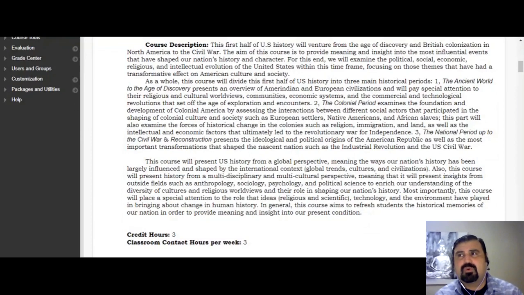First and foremost, this is the first half of U.S. history. The first half of U.S. history is going to look at American history going all the way back to the ancient world. It really goes back thousands of years, by looking at the Americas, the American continent, and the Native American groups and civilizations that inhabited the continent.